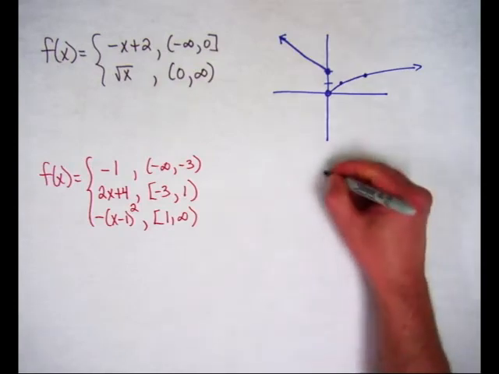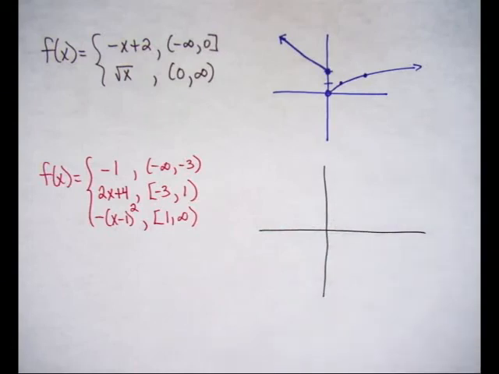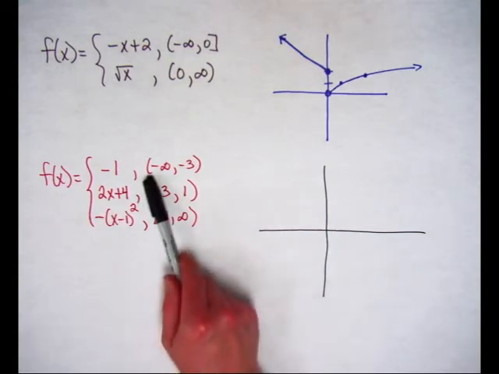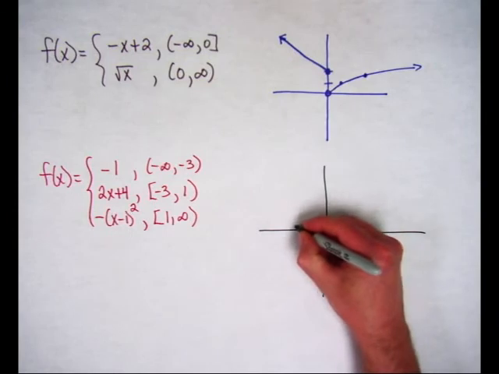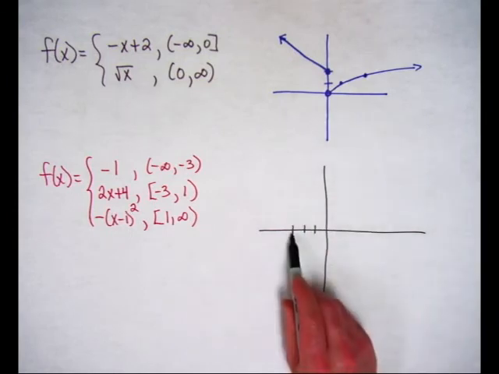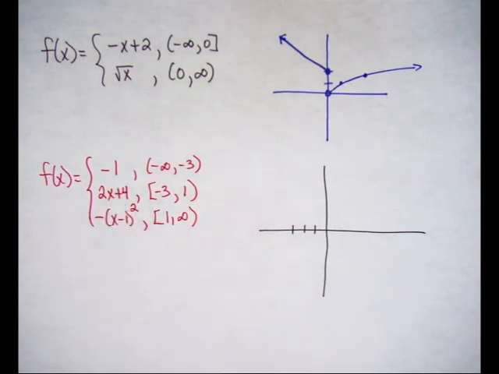So just draw yourself a coordinate plane. It doesn't matter which one you do first; I just like working left to right. So starting with negative infinity all the way up to -3. Here's -3. Starting at -3 and going all the way to the left, I want to draw the graph -1. Well, -1 is a constant function.